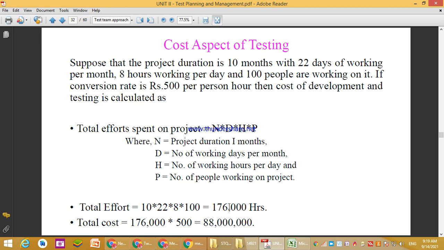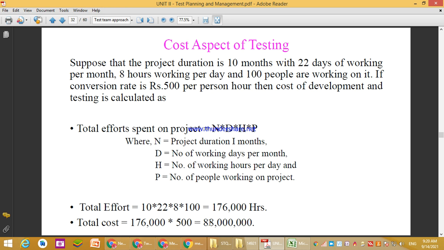Here 1,76,000 hours. And finally the total cost, because here the rate is given per person hour, 500. So we have to multiply this figure by 500. When we multiply it by 500, we get the total cost. Total cost is 8 crore 80 lakh.